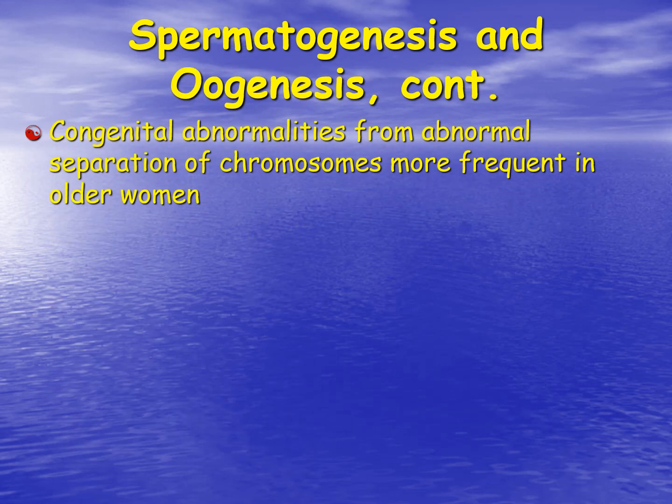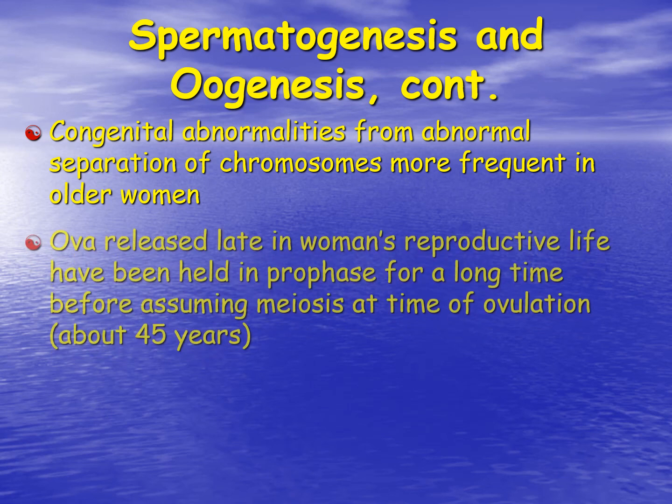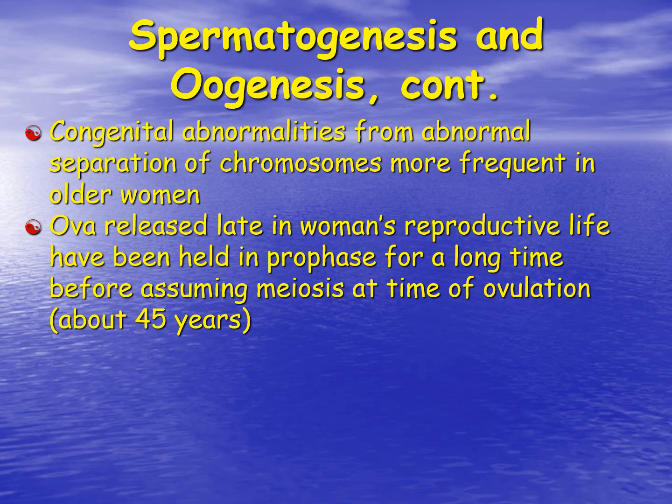Congenital abnormalities from abnormal separation of chromosomes are much more frequent in older women, simply because the eggs are older and the chromosomes have been sitting in this arrested state for such a period of time that they literally become sticky.